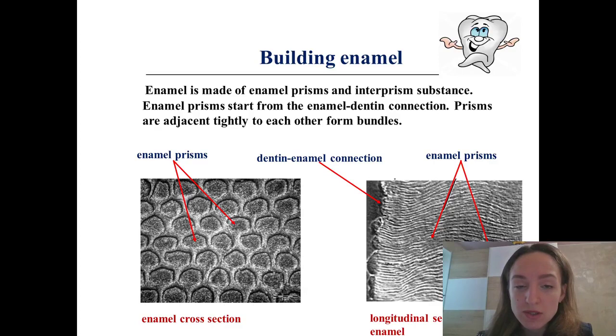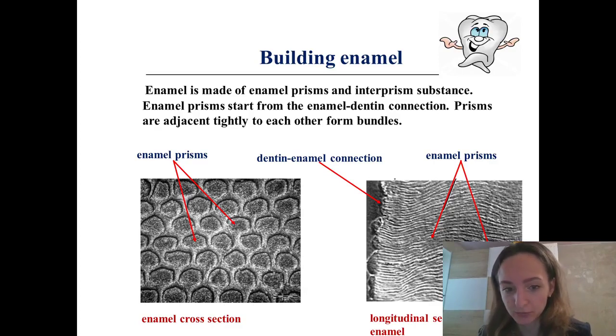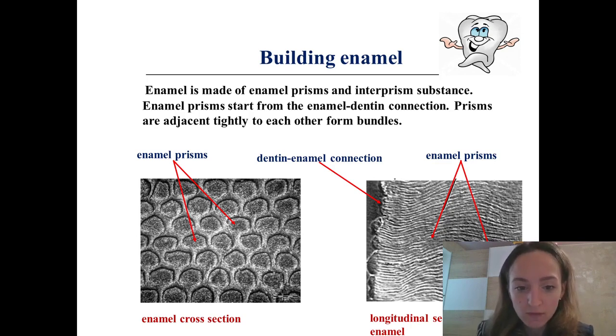So the resultant variation, you can see enamel prisms here, and a dentin enamel junction. The resulting variations in structure and mineralization are called incremental striae of Retzius and may be considered growth rates that form during amelogenesis.